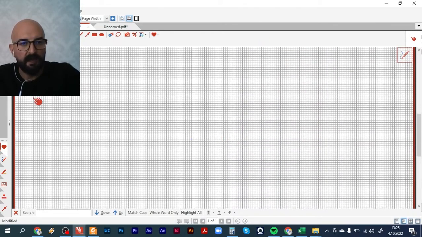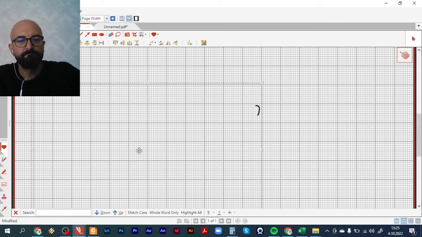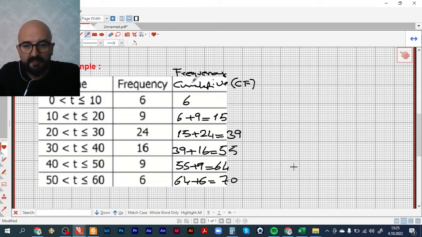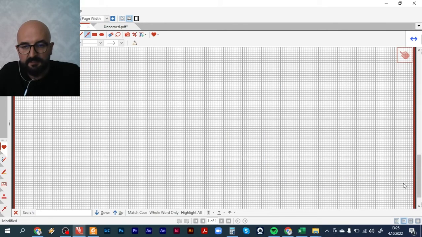Okay, now, our values are like these, and I want to draw the y-axis and x-axis.